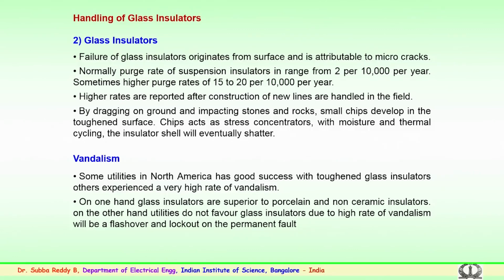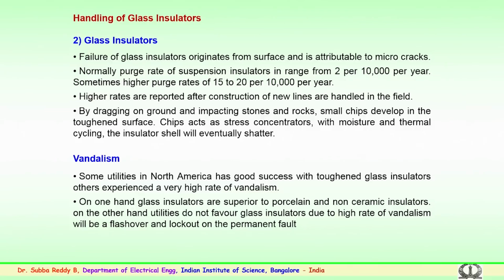And handling of glass insulators for vandalism, a lot of reports have been seen, particularly in North America, where they have good success with toughened glass, and other experience have very high rate of vandalism. So, on one hand, glass insulators are, we say, superior to porcelain and non-ceramic insulators.